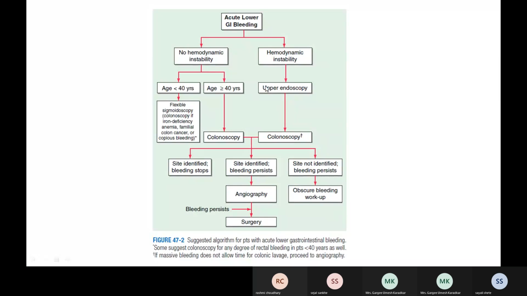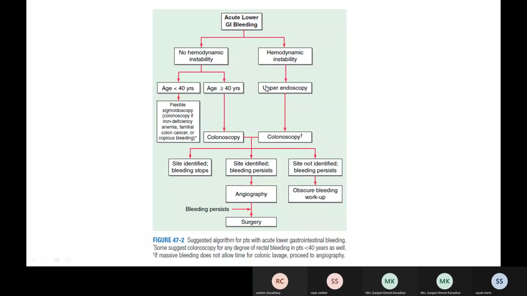Then intubation can be done to protect the airway. If blood has to be given, then typing and cross matching of blood is required. Six units for major bleeding may be required. Then surgical standby when the bleeding is massive. Then support the blood pressure with isotonic fluids, that is normal saline, albumin, and FFP if the patient is also cirrhotic.